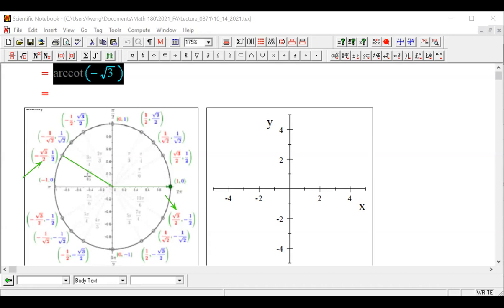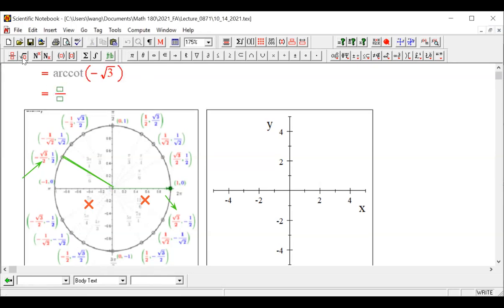The other quadrants are in the no-fly zone when ArcCotangent is mentioned. Now, how do we measure this angle? From the standard position. Boom. So what do we get there? We should get 5 pi over 6.